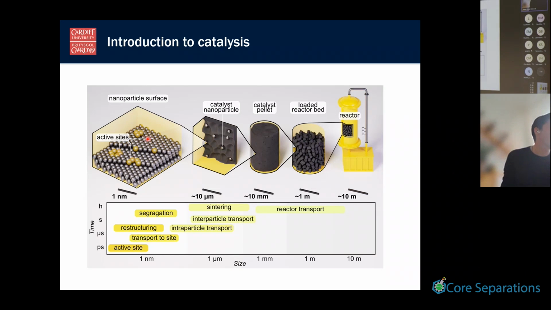You can see we have active sites here. And my job is to try and maximize the number of these active sites and also discover new and novel ones. And in the context of today's talk, using supercritical CO2, we can in particular focus on how we can achieve maximizing these active sites, inhibiting the segregation of these sites, and also understanding the surface of nanomaterials in more detail.